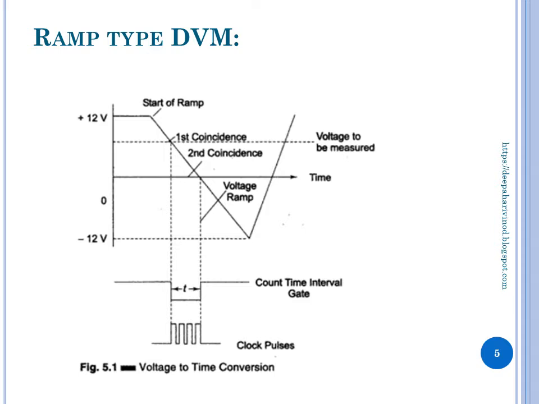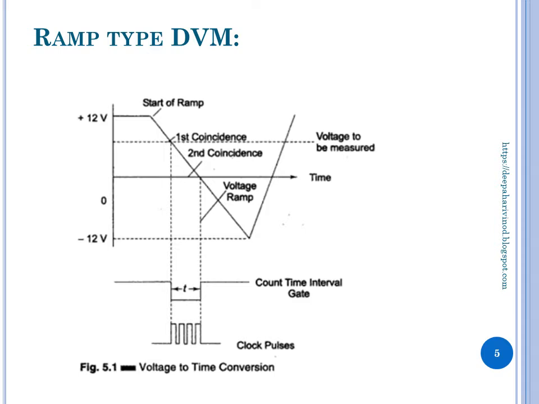The time period is measured with an electronic time interval counter. The count is displayed as a number of digits on a display.